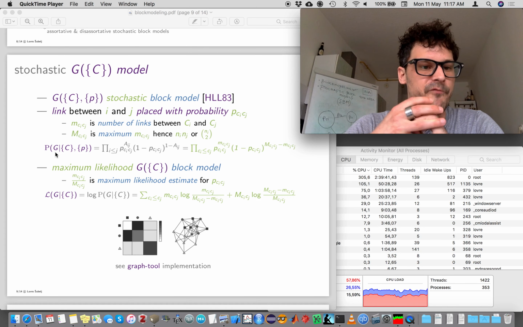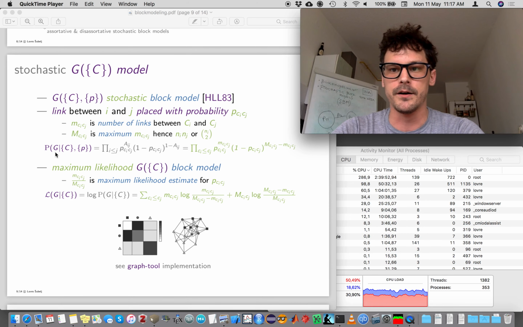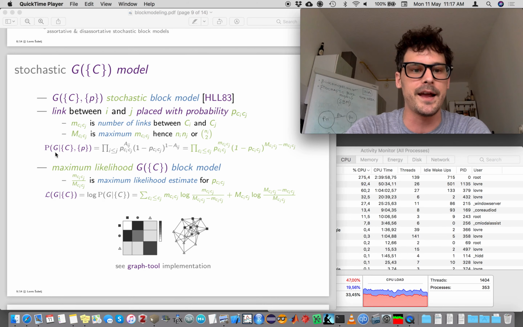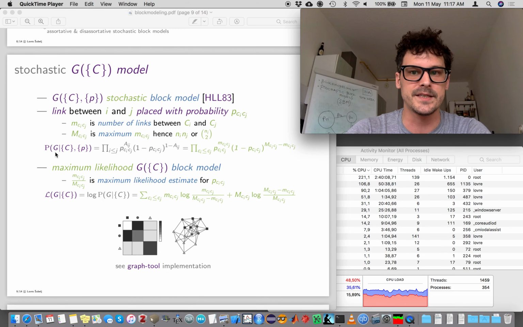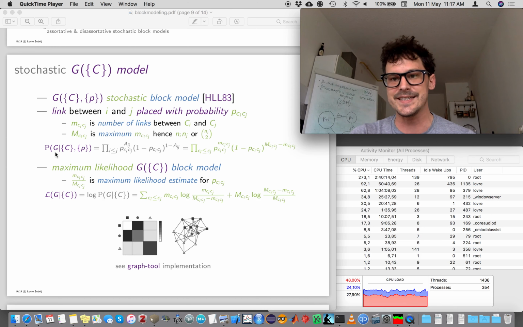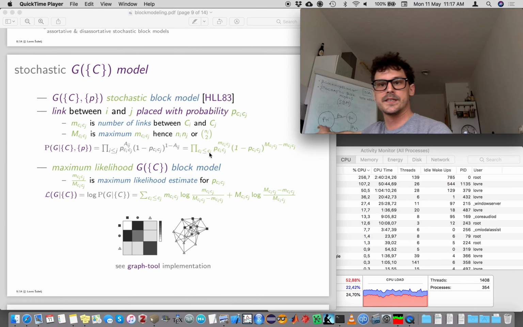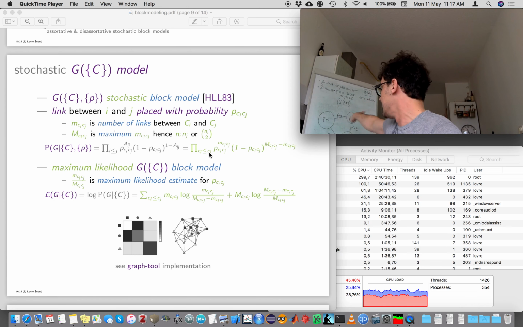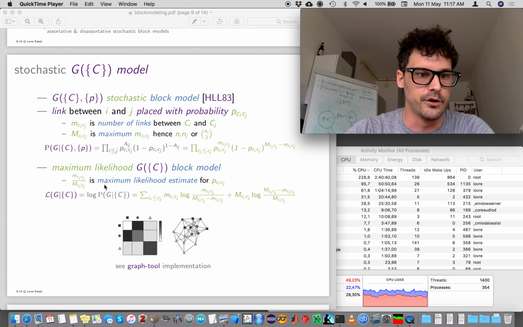Now, to move on, you can easily see that the maximum likelihood estimates of these probabilities P are simply the densities of the clusters, or the density of the links between the clusters, in the network that we actually observe.